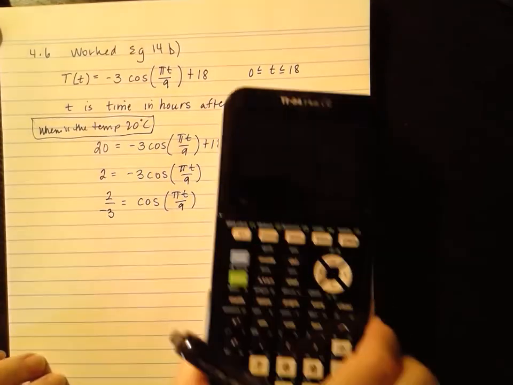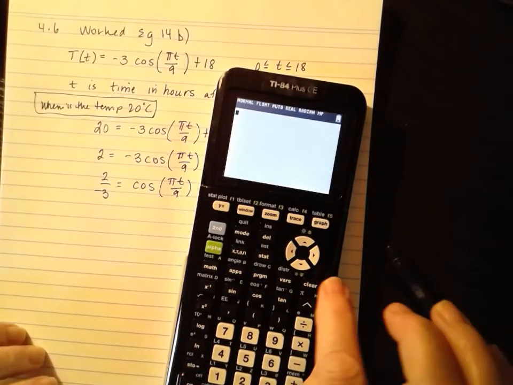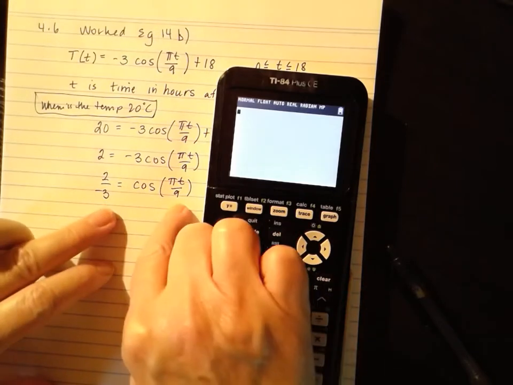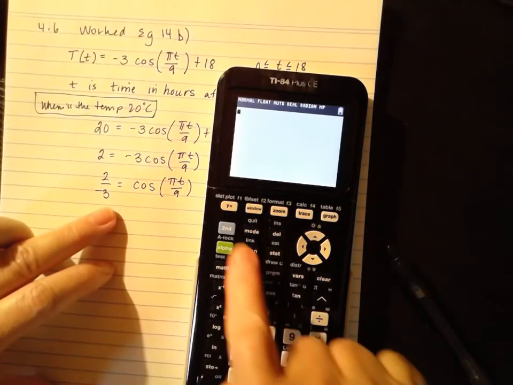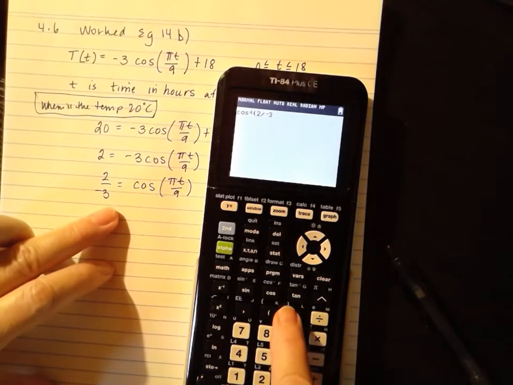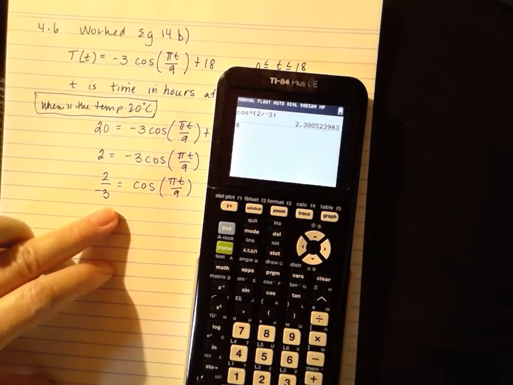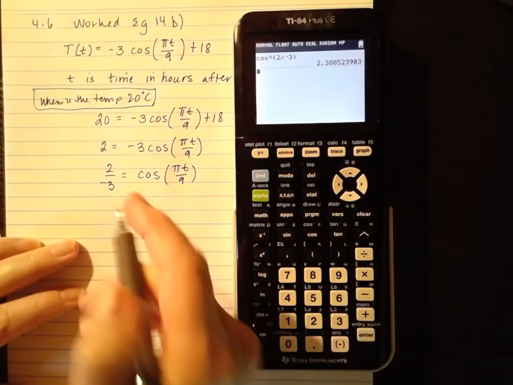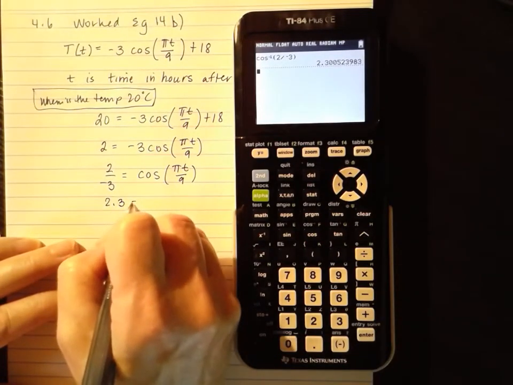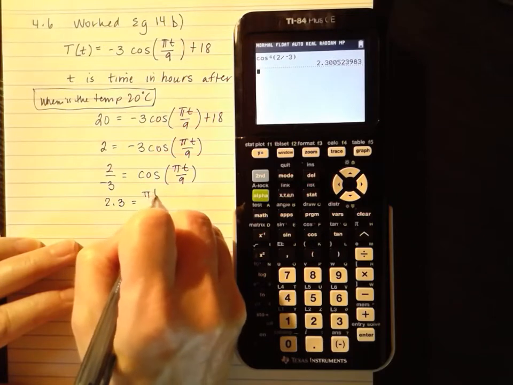So you have a couple options. I'm just going to quickly do the first one, because it's good to remember that to find an angle, I use shift cos inverse, I hope you can see that, of 2 divided by -3, and that gives me a value. So I get 2.300 equals pi t on 9.